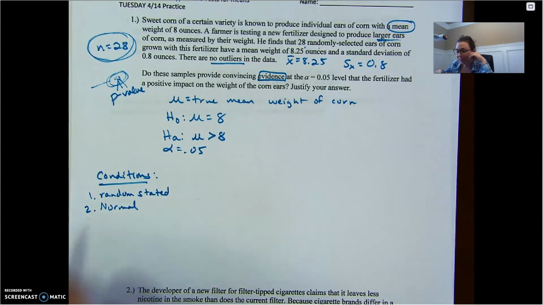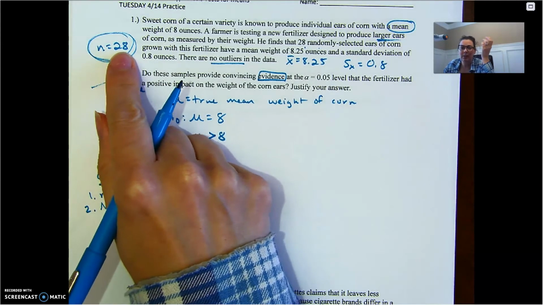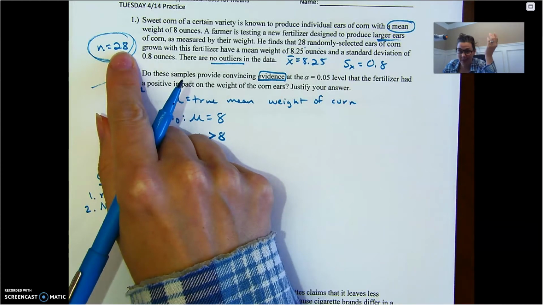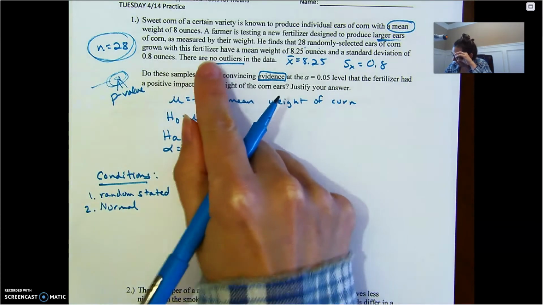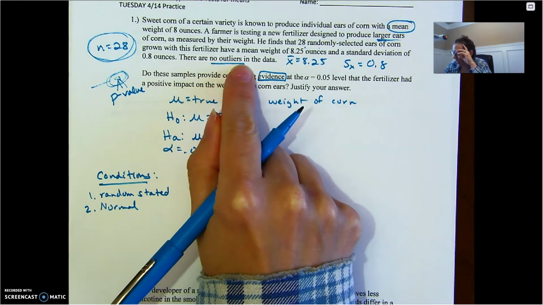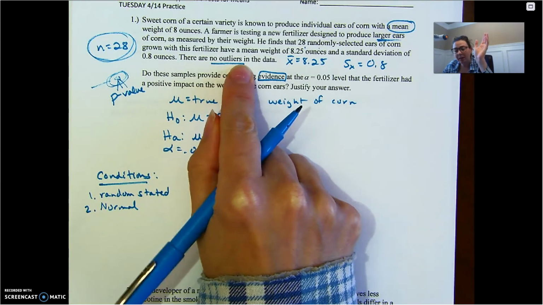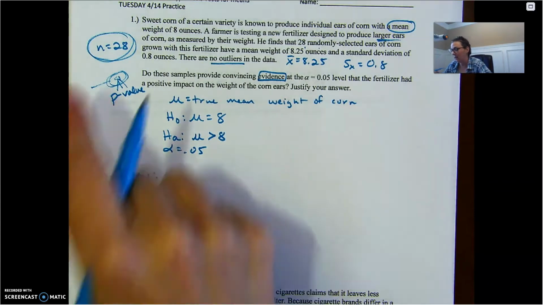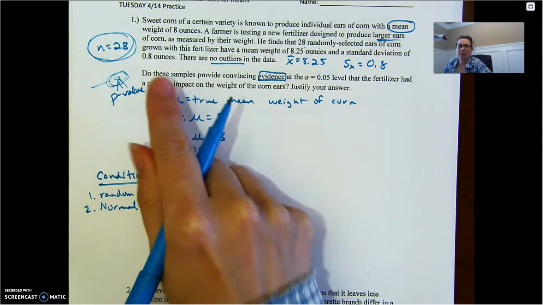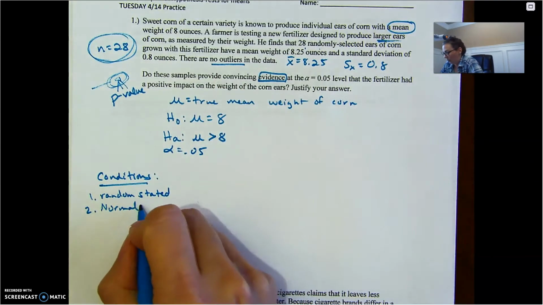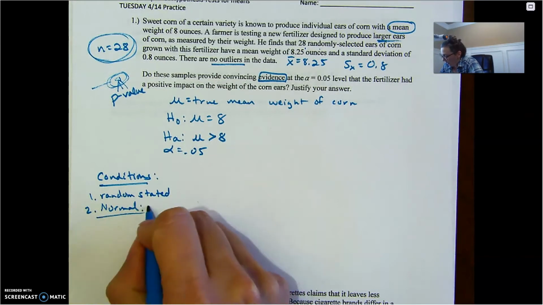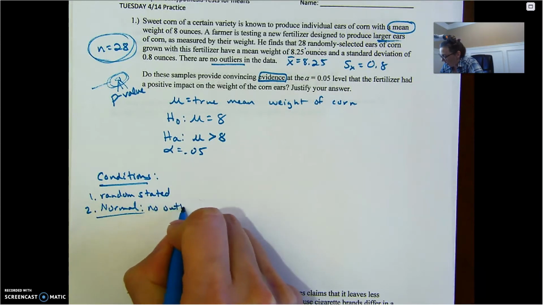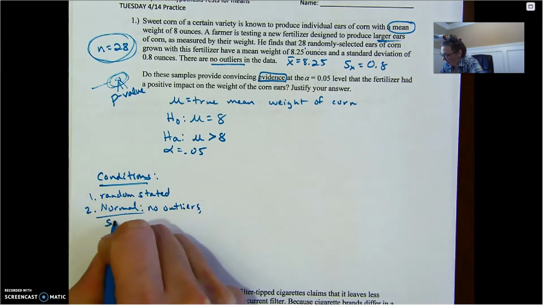The problem does not have at least 30, so central limit theorem does not work. But since they say there are no outliers, okay. T distributions, which is what we're working on, have more area out in the tails. So it's okay if it's not perfectly symmetric, as long as there's no outliers in the data. So normal, no outliers, safe to proceed.